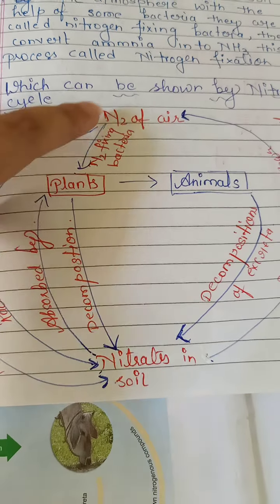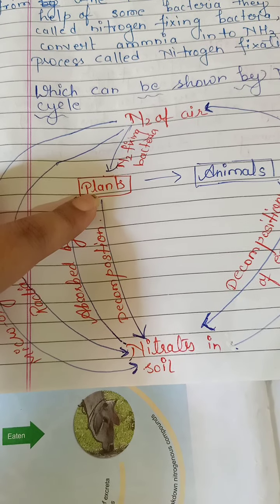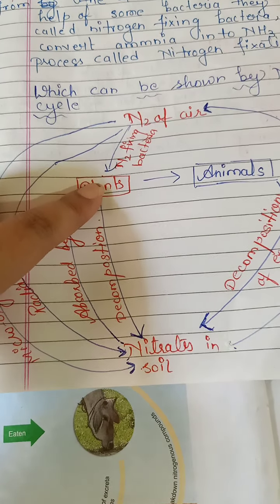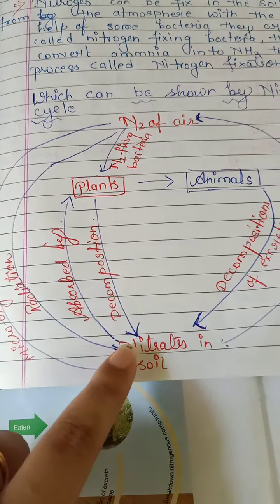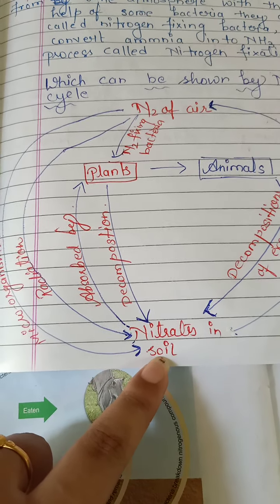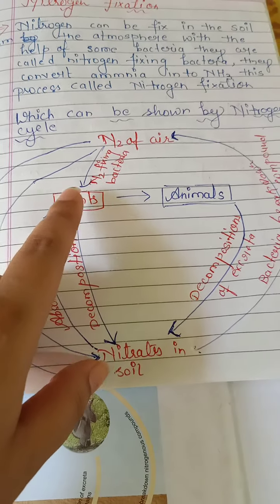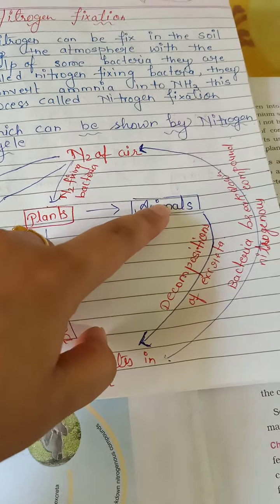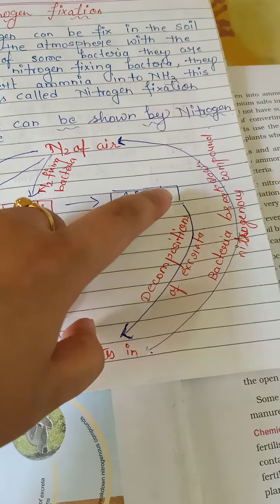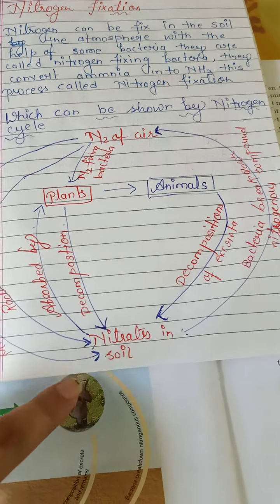Nitrogen fixing bacteria take the nitrogen from the atmosphere and fix it in the root nodules of the plants. After the plants decompose or the roots burst, the nitrogen is converted into nitrates and fixed in the soil. Now these plants are eaten by animals, and when the animals decompose, or their excreta mixes in the soil, nitrogen comes into the soil.